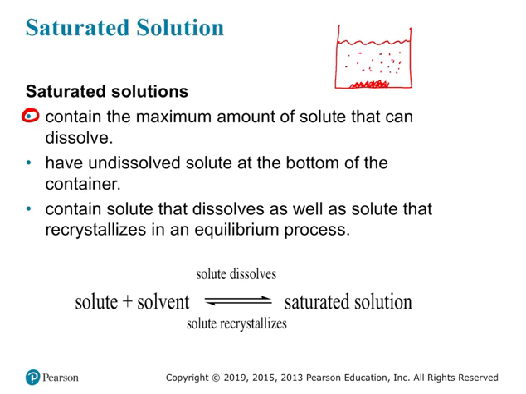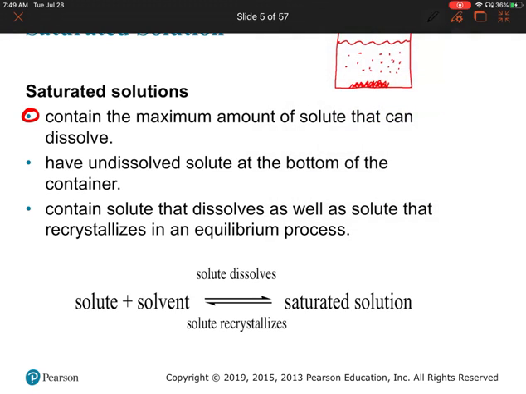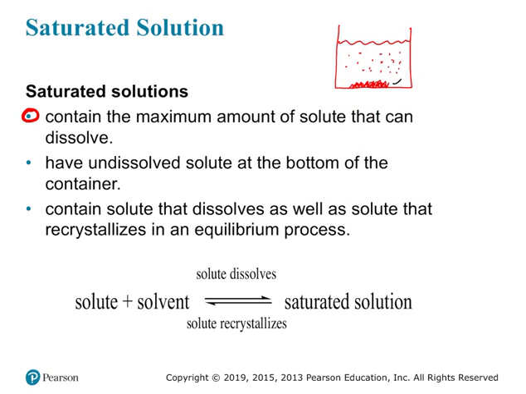What actually happens here is the solute at the bottom of the cup is dissolving, and some of the sugar that's dissolved is going to crystallize or recrystallize. So nothing is sitting stagnant. There's this cycle that goes on in solution where the sugar sitting at the bottom of the cup is redissolving, but when it does that, it replaces some of the dissolved sugar. So some of that sugar is going to crystallize.